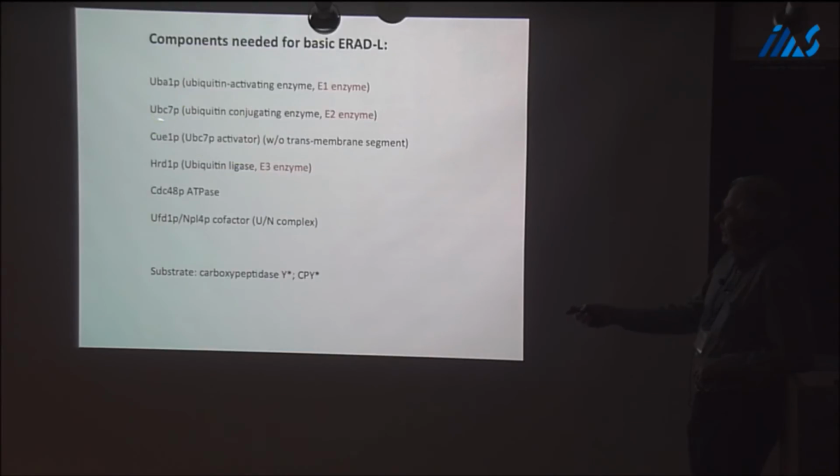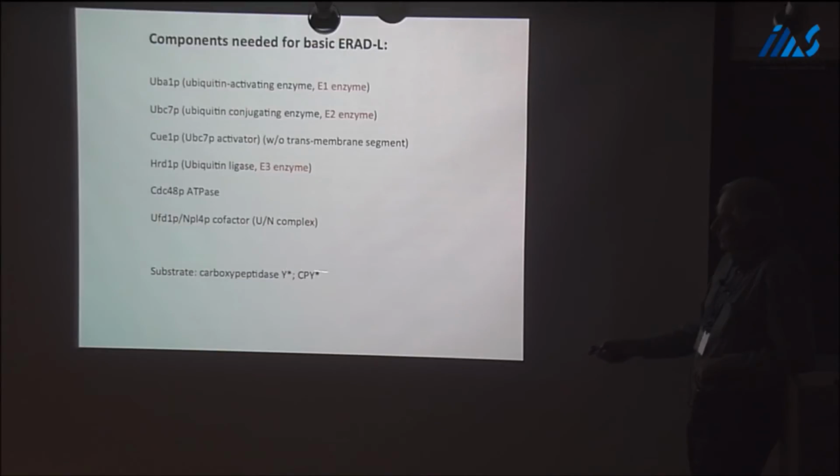In the case of UBC7, you need an activating enzyme. It's called Q1. And then we need the ubiquitin ligase. And then we need the ATPase. The ATPase actually consists of the ATPase itself and a cofactor that consists of two polypeptides, UFD1 and NPL4, which I will be abbreviating as the UN complex.